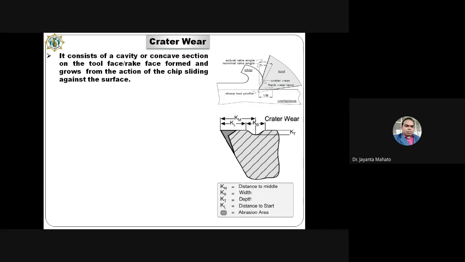Sometimes these chips stick and then get removed, and this type of cavity will form. Some material is removed through the stuck part of the chip. This type of wear is called crater wear.